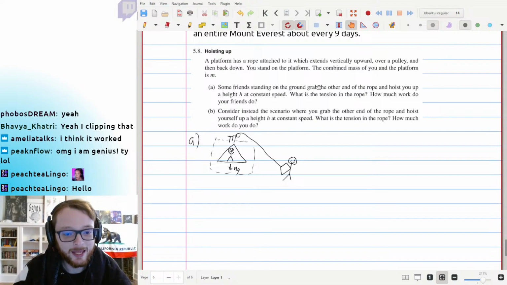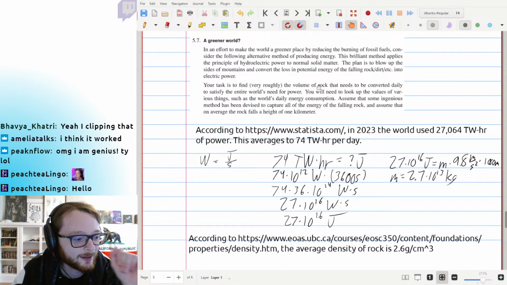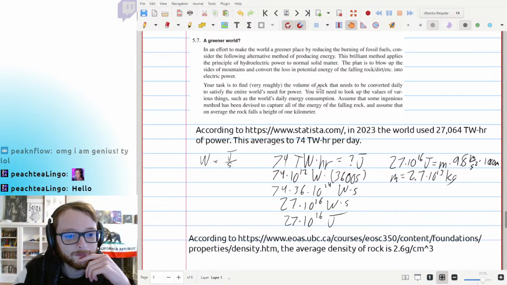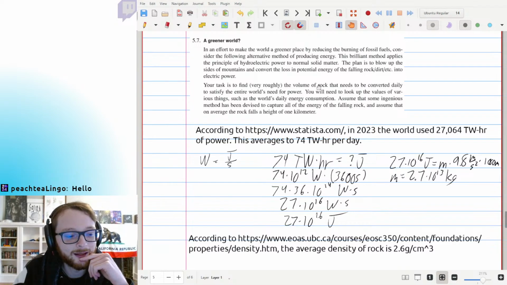Oh yeah, and this came from the problem I was doing previously, which is, hypothetically, if we wanted a new source of green energy, why don't we just blow up mountains and capture the potential energy from the falling rocks? In this physics problem, they made you estimate what volume of rocks you need to blow up in order to meet the world's daily energy consumption.